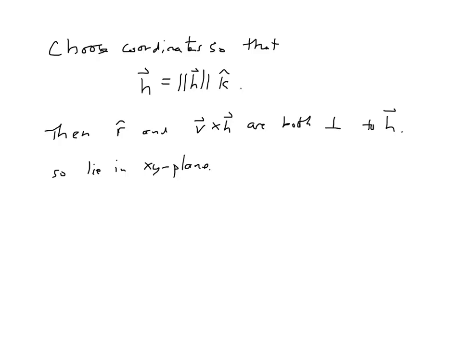Now we saw the equation for c before, and that's just the difference between these two. So if those are both in the xy plane, then c has to be in the xy plane as well, because v cross h is in the xy plane, and GM r hat has to be in the xy plane, so c lies in the xy plane as well.